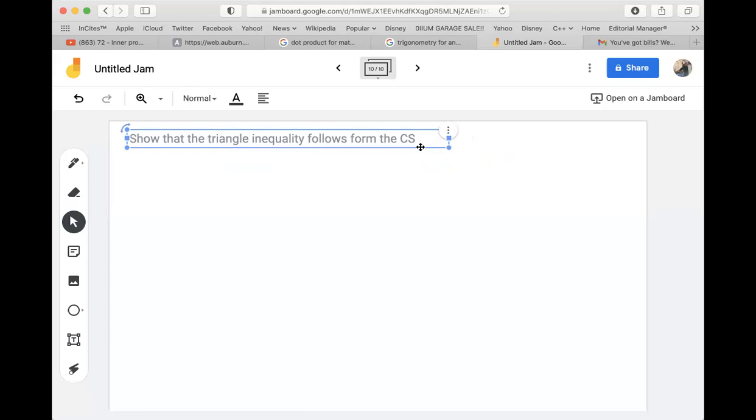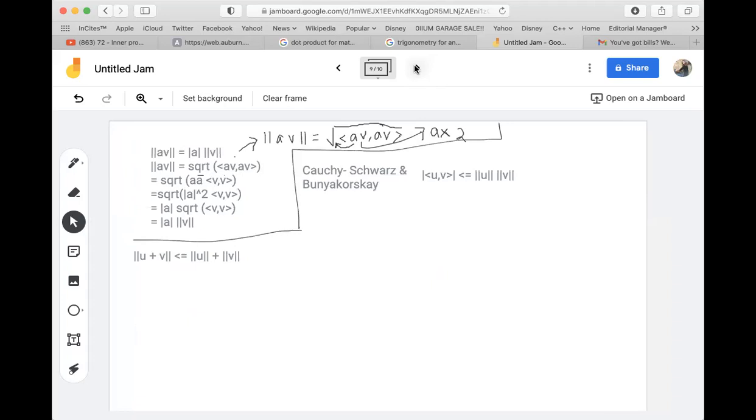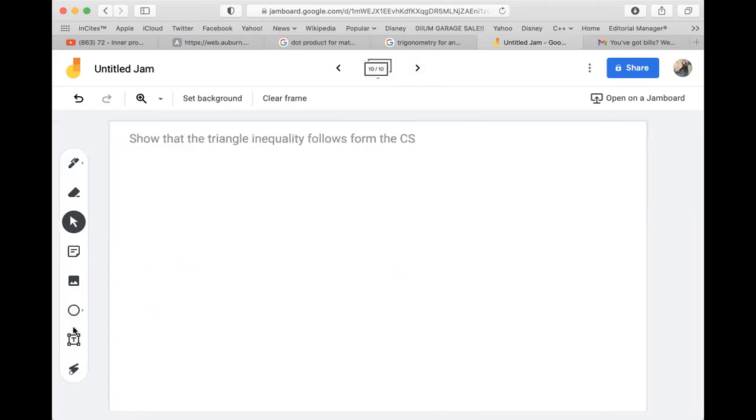So let's do this together. If you look back at the equation of the norm, it comes together with the square root. To make it easier for us for the proving, we can remove this square root by applying the power of 2 to both sides.